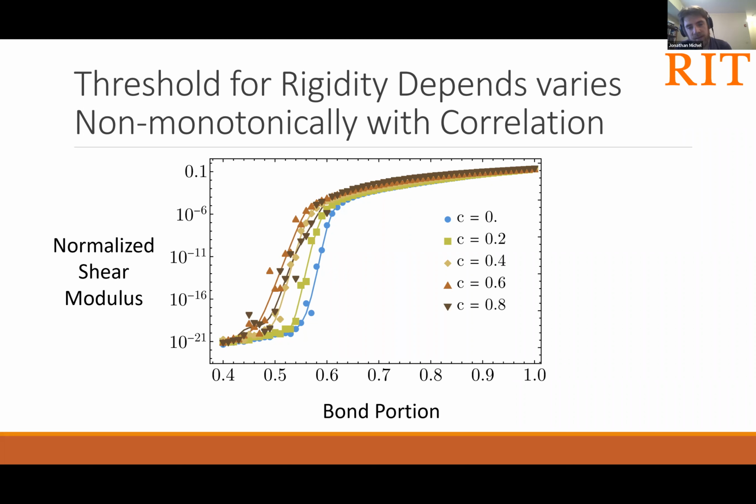So you can see in the final brown curve corresponding to a correlation strength of 0.8, the network actually becomes rigid for the first time for a larger portion of bonds than is required when we have a correlation strength of 0.6.